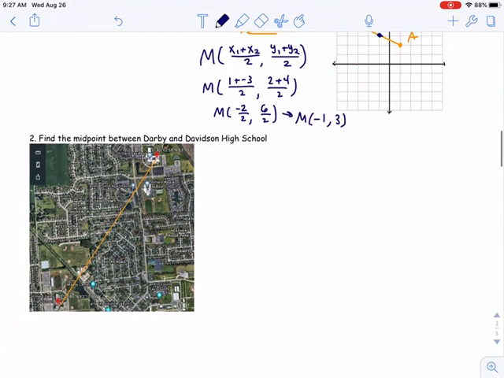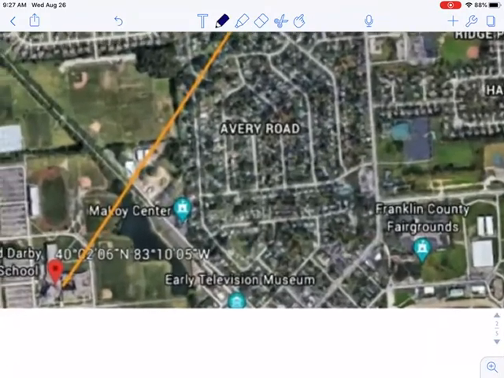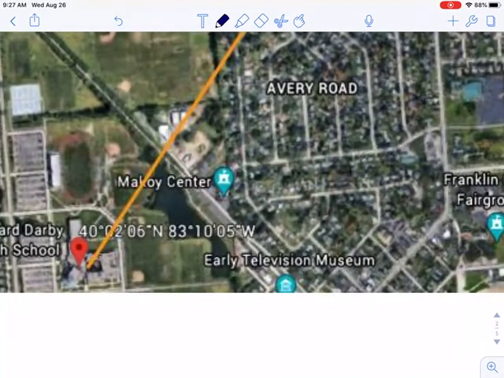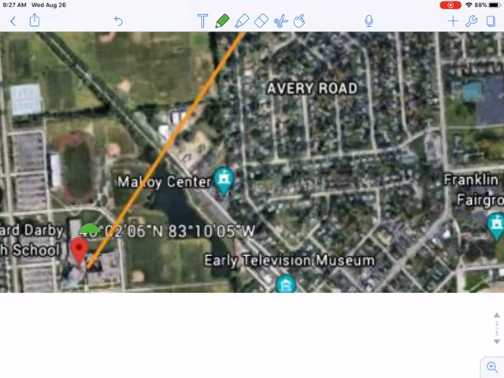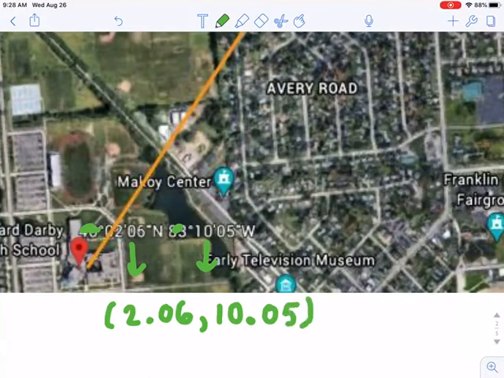But now we're going to do the same thing. We found the distance between Darby and Davidson High School; now we're going to find the midpoint between Darby and Davidson High School. We're going to translate this into something we can work with, some crazy numbers. Since Darby and Davidson are so close, we're just going to focus on the minutes and seconds. Darby has a coordinate of 2.06, 10.05.